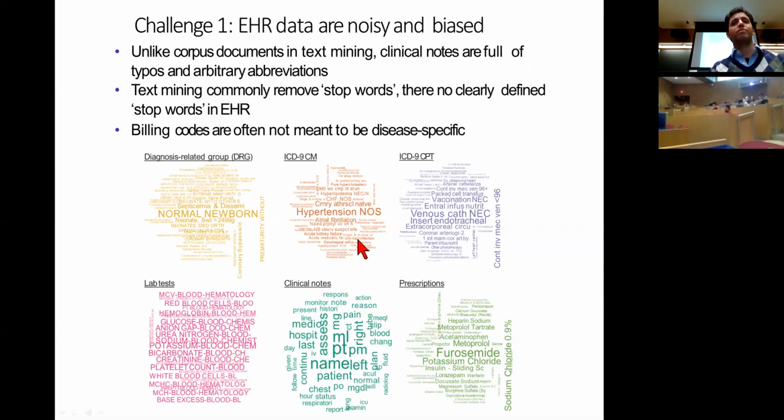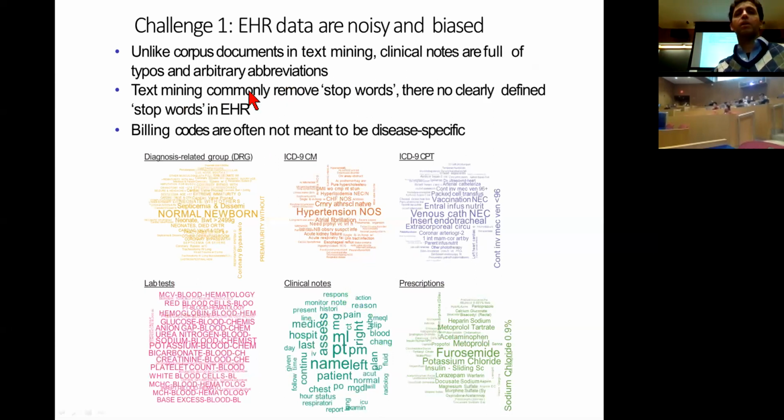These are just extremely arbitrary abbreviations of the different notes. If you look at the clinical notes themselves, you can see continue, hospit, medio, and so on and so forth.